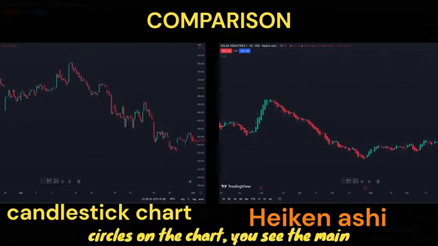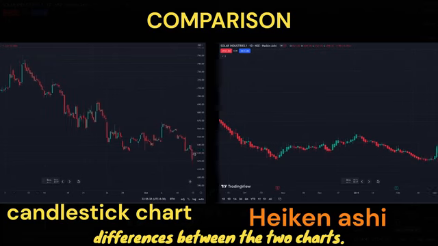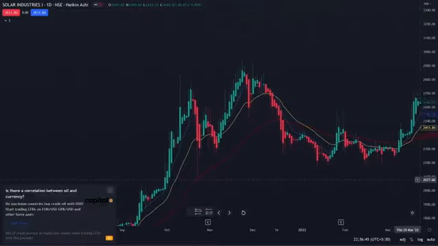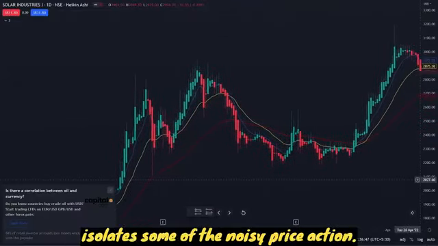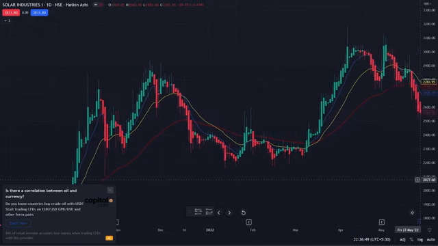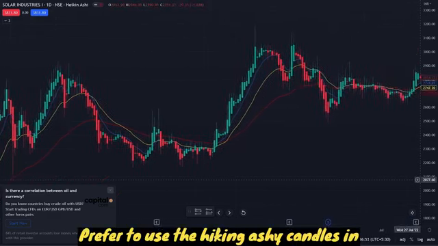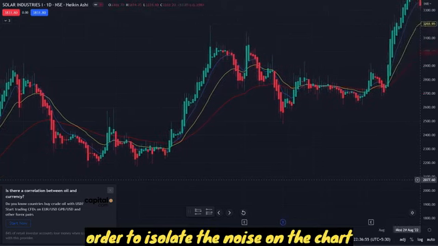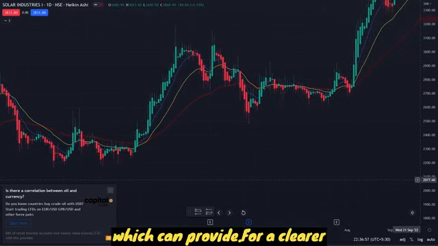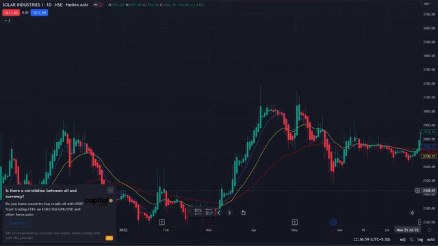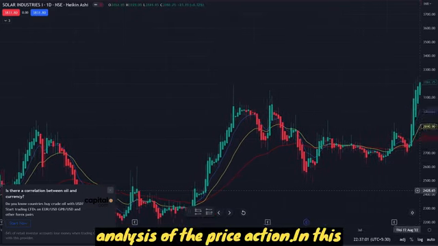Referring to the colored circles on the chart, you see the main differences between the two charts. Notice that the Heikin Ashi chart isolates some of the noisy price action. As a result, many traders prefer to use the Heikin Ashi candles in order to isolate the noise on the chart, which can provide for a clearer analysis of the price action.